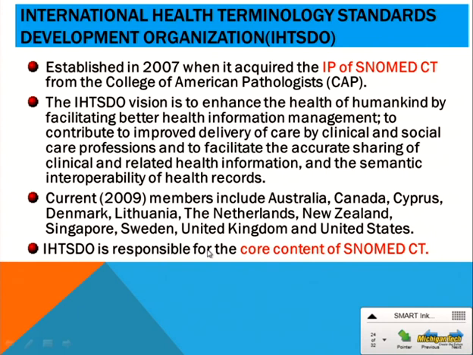Originally, it was established in 2007, when it acquired the IP of SNOMED CT from the College of American Pathologists. Current members include Australia, Canada, Cyprus, Denmark, New Zealand, Singapore, UK, and the United States. So this kind of organization is also important. If it's good to join them, then in the future you can vote on something or do something. Okay.